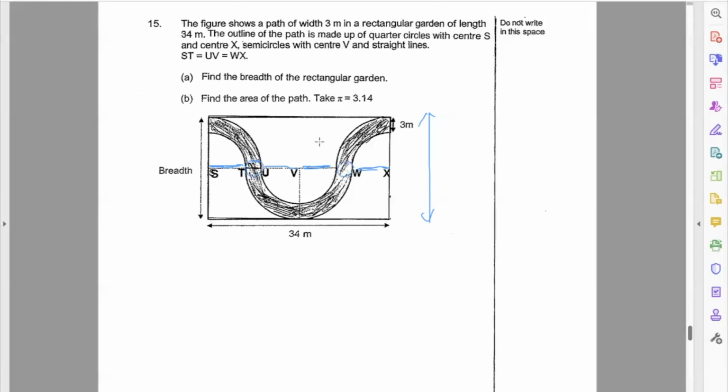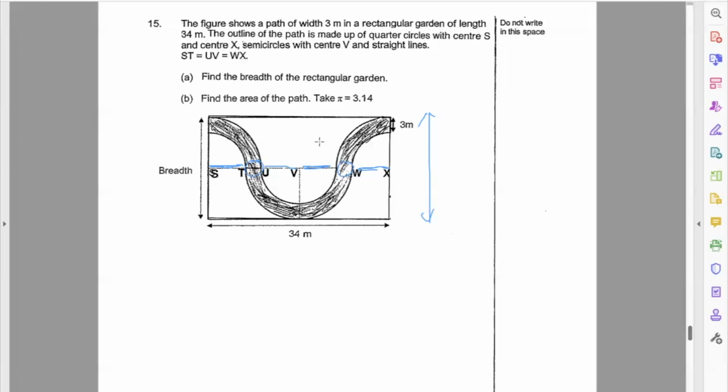This is the 3 meter width of the path. So you can say that the length of the rectangular garden is made up of 4 radius and 2 widths of the path.